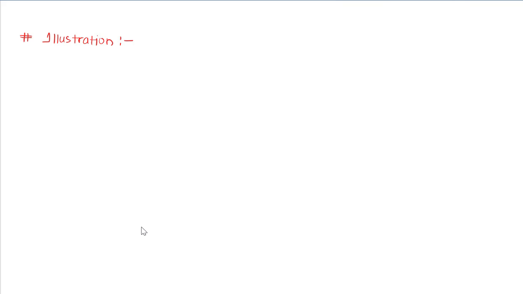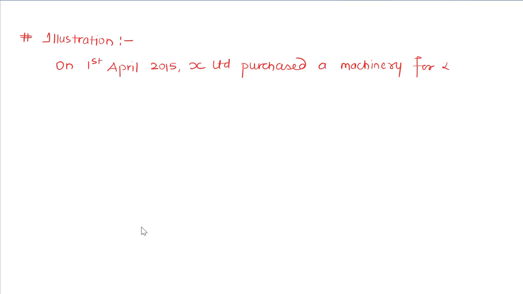Illustration. On 1st April 2015, X Limited purchased a machinery for rupee 58,000 and spent rupee 2,000 on its erection.